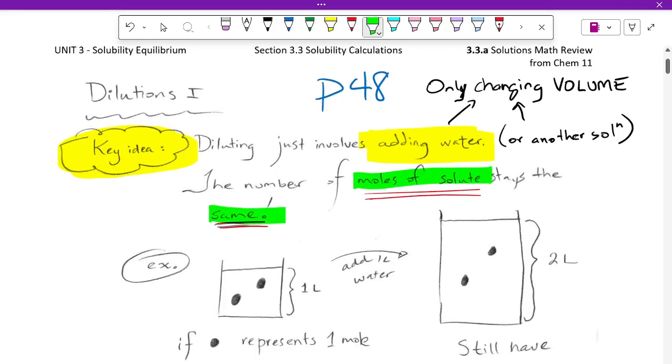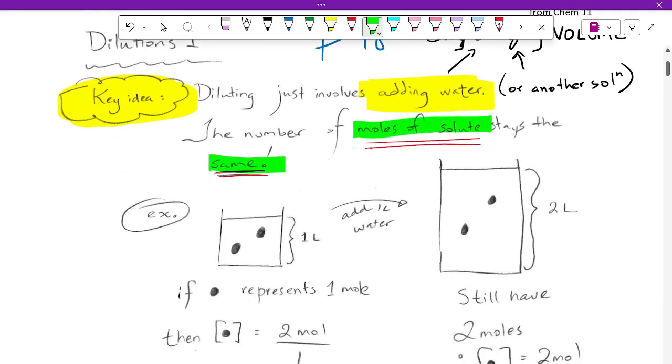So hopefully by this time you're familiar with this concept. We did a little bit of this yesterday. If we start with 1 liter and then we add another liter, we end up with 2 liters. If we started with 2 moles of solute, if one of these little doodads represents 1 mole, we have 2 moles in 1 liter.